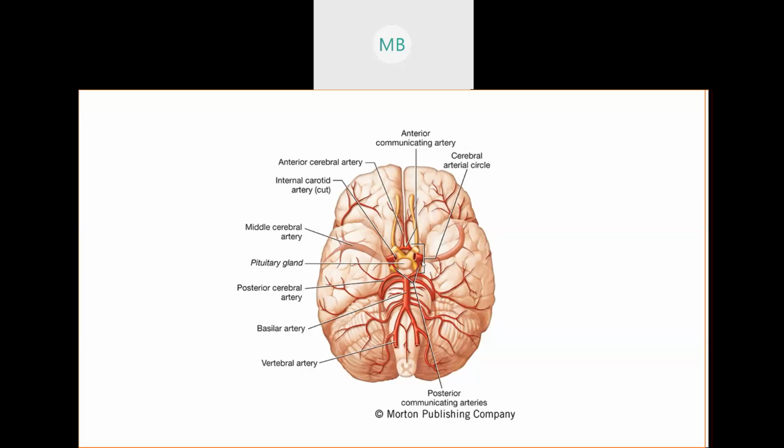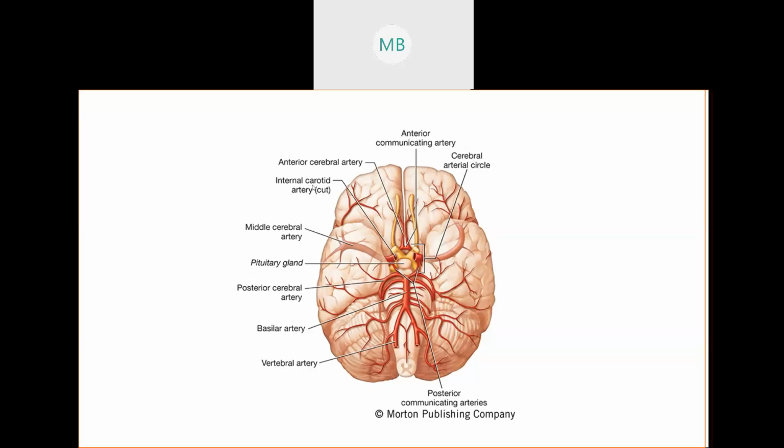So you have two posterior communicating arteries, right? And those posterior communicating arteries meet your internal carotid artery. And from there, the rest of the circle occurs. And the rest of the circle are these two branches that are going to end up branching into the left and the right hemispheres.